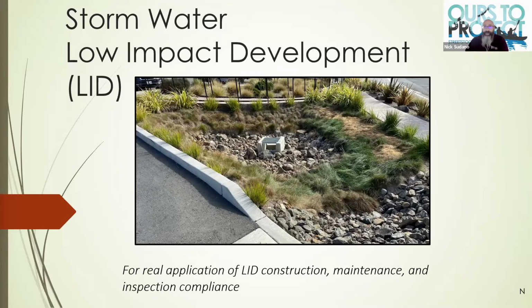But I did want to let you all know that this is intended to help you understand what we're looking for when we're inspecting these features for required maintenance. As Brendan pointed out, there's a legal responsibility by the owners to maintain these features for the perpetuity of the feature, for the lifespan of it, and we are required to inspect these features by our permit.